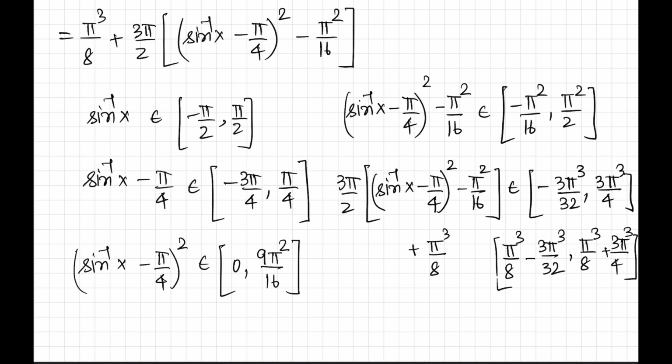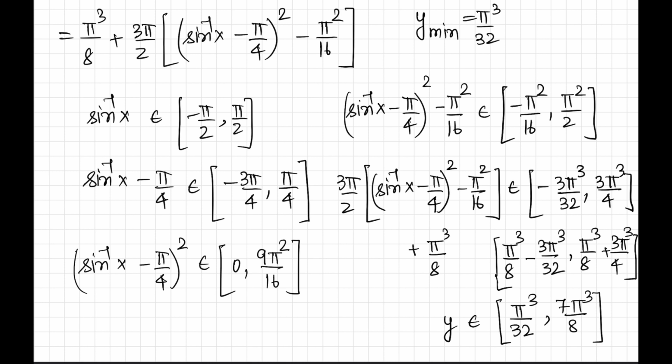If we simplify this, we get pi cube over 32 comma 7 pi cube over 8. So this is the interval which is the range of this particular function. The minimum value of y is pi cube over 32 and the maximum value is 7 pi cube over 8.